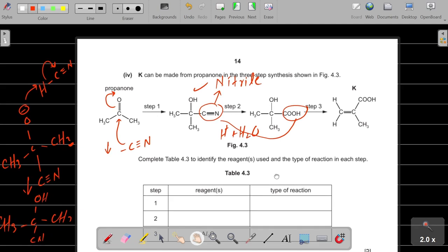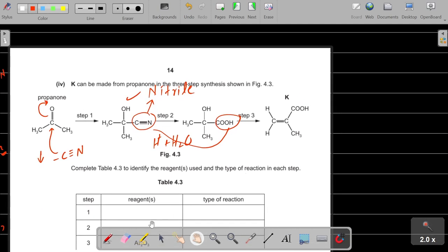Elimination reaction. What I told you about elimination: for example, we have this C and CH3, CH3, and then we will have this C with this OH, and here we have this CH3, and here we have this C double bond OH.